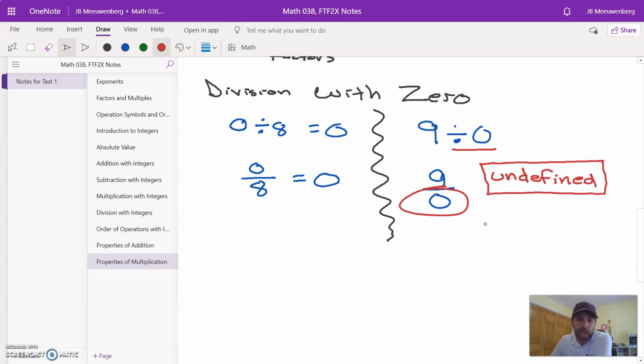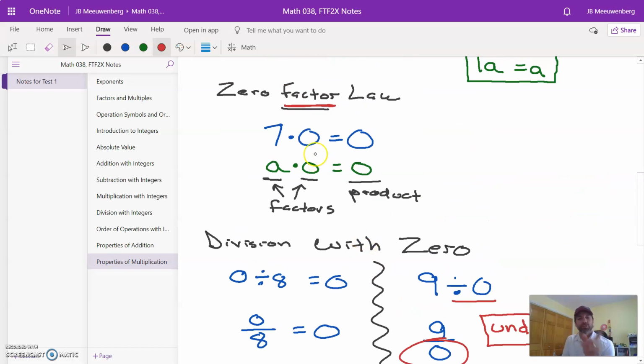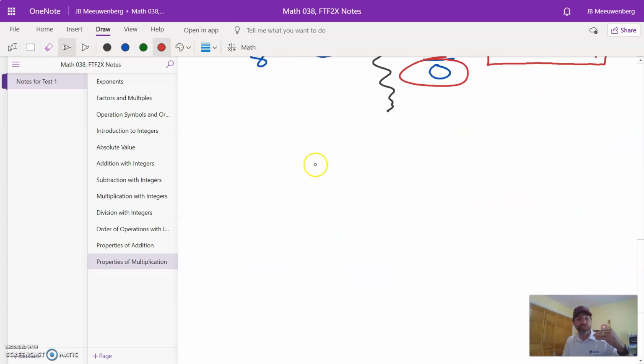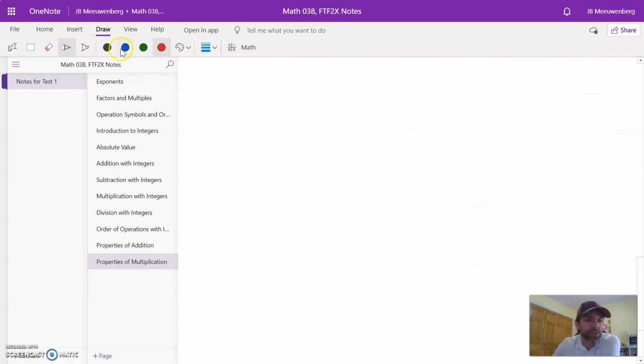It's impossible. And the reason it's impossible goes back to the zero factor law and what division actually means. I'm going to take one extra second and show you the why behind this. So think back to our conversation about multiplication and division.